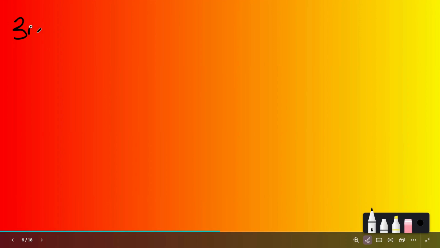Okay, and next one, third iteration. A is 1.4375 and B is 1.5.